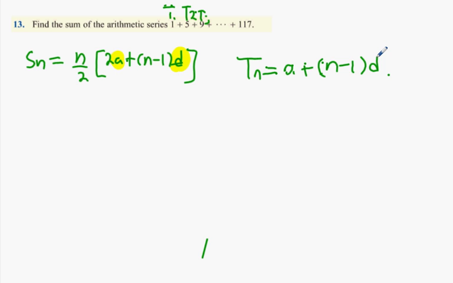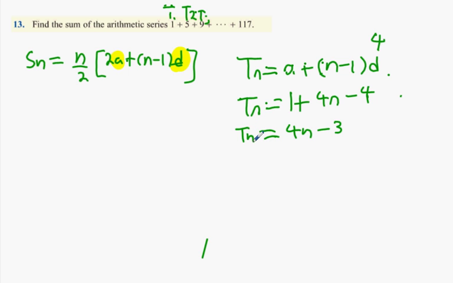Okay, after I do that, what's the a value, anybody? 1. What's the d value? 4. So 4 times n minus 1 is 4n minus 4. Then Tn equals 4n minus 3.